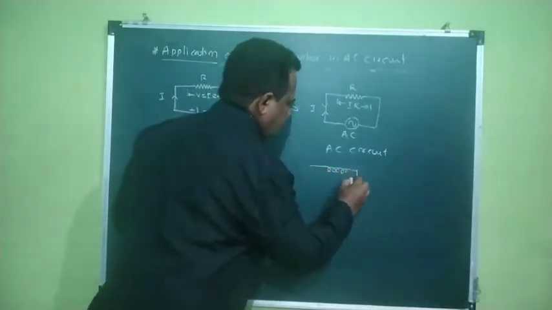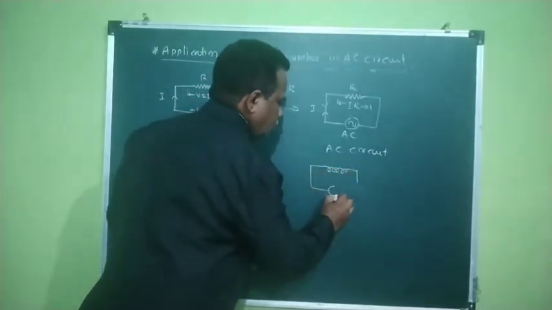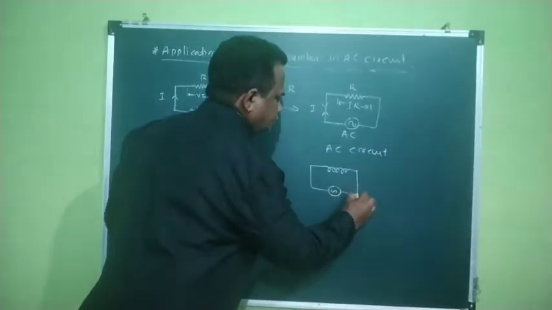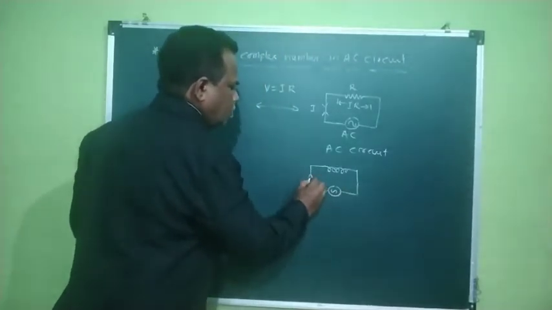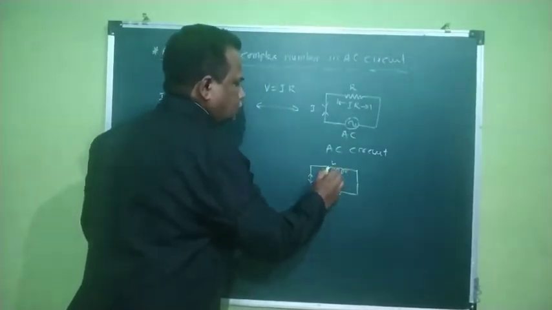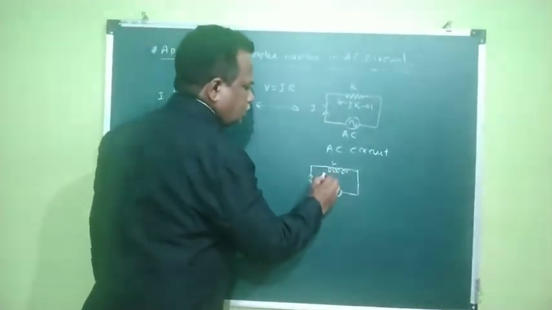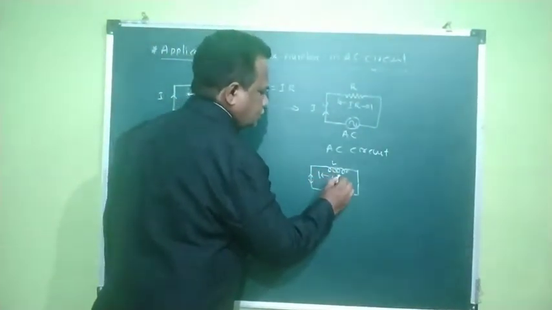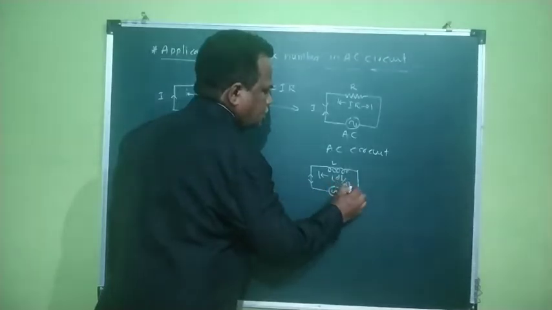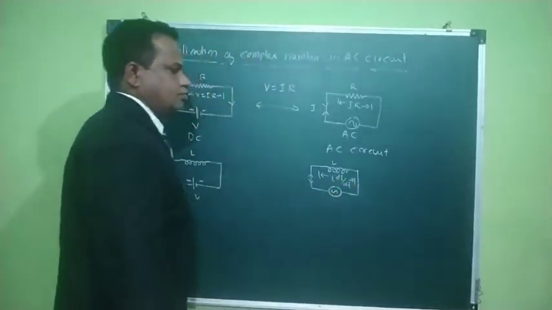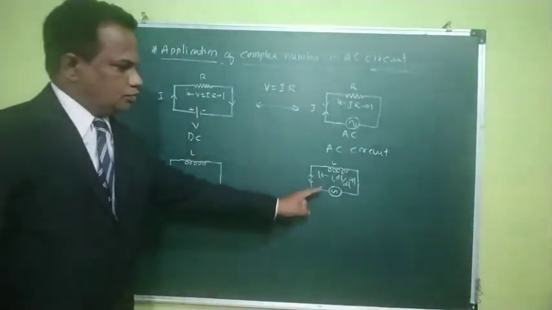What will happen when inductance L is connected across the AC signal? Current is flowing in both directions because you know that alternating current is changing. So L into di by dt is the voltage across this inductance.